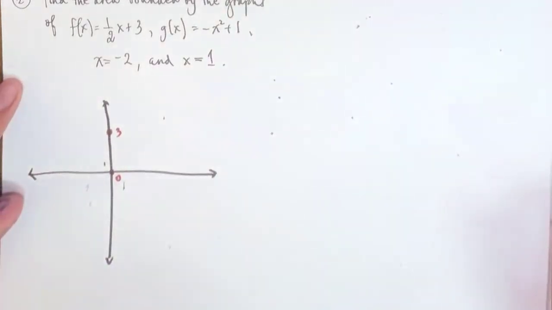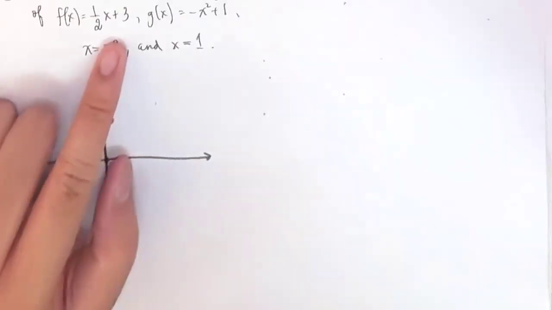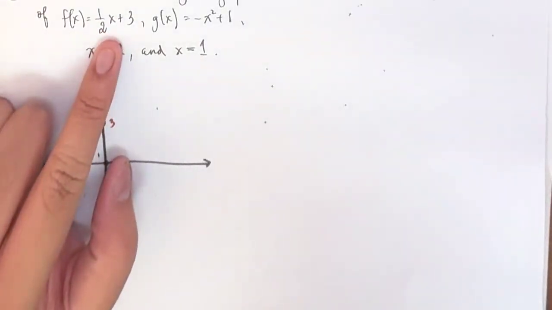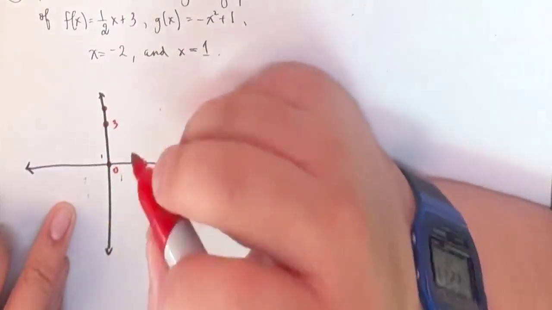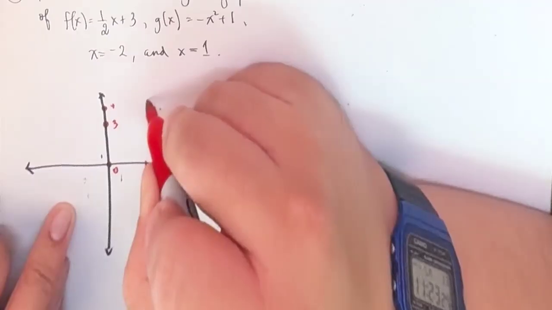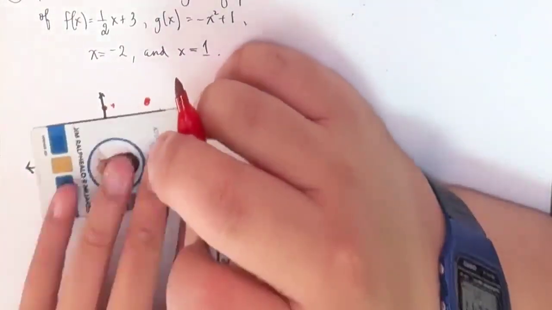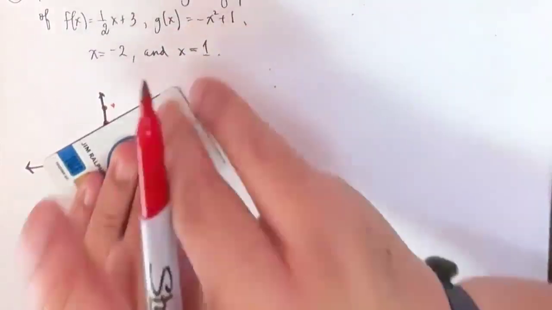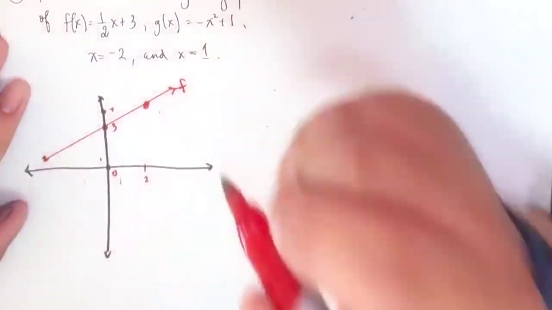Then if x equals 2, then y equals 4. So there, then the graph in question will just be those 2 points connected. So this is f right here.